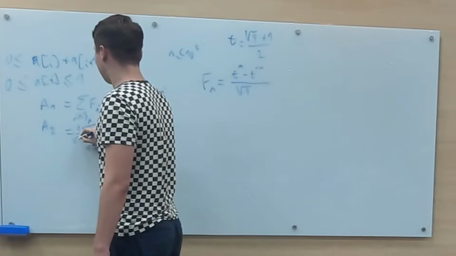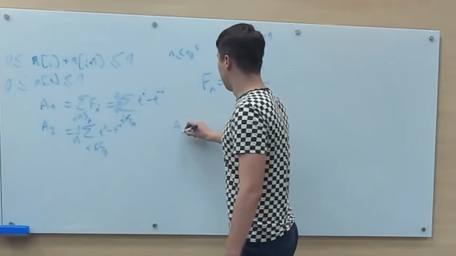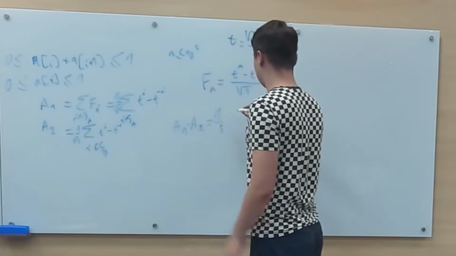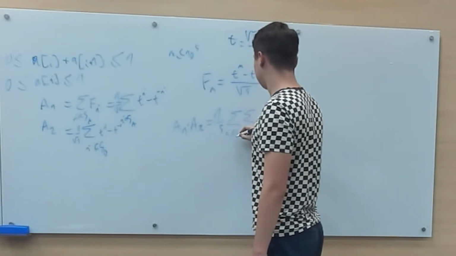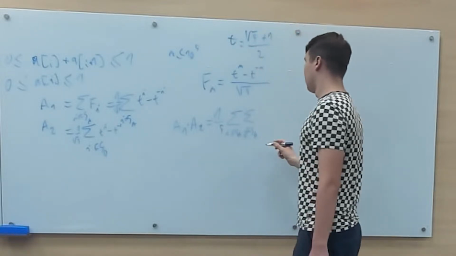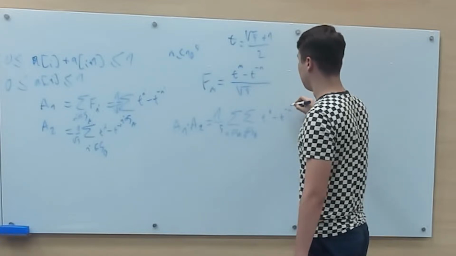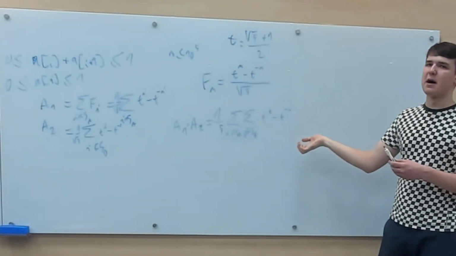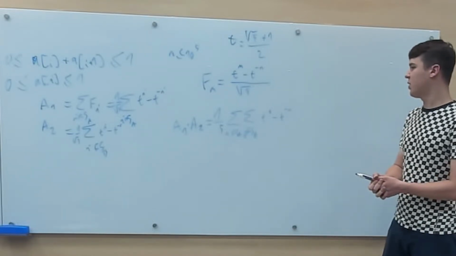So what we want to do is calculate a1 times a2, which is 1 divided by 5 times the sum over i in S_A, j in S_B of t to the i minus t to the minus i, and so on. Because t is some number, but we will abstract it out, and say that for us, t is a variable.